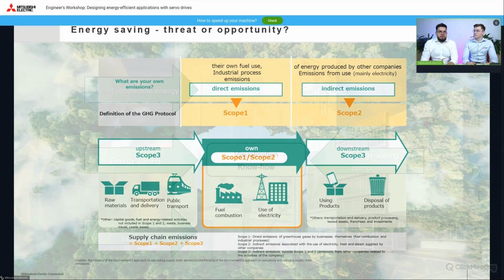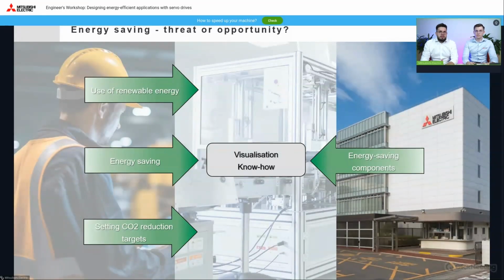So what this really means is that industrial plants, system integrators, machine manufacturers, or component suppliers, such as ourselves, will be confronted with ever increasing expectations with regard to the energy efficiency of manufactured goods, including machines or components, and furthermore, their traceability.